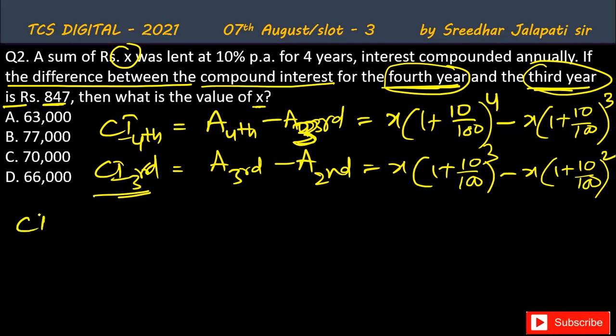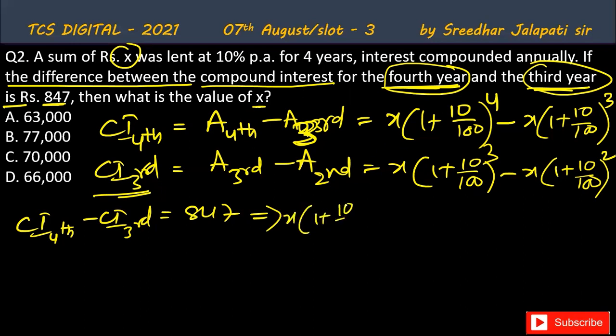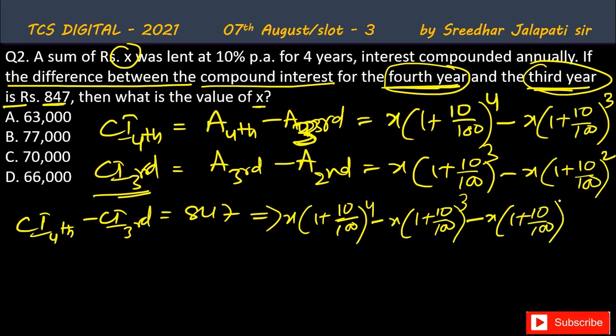Now the difference between these two, that is compound interest for the fourth year minus compound interest for the third year, is given as 847. So I have to subtract these two. If I subtract, that is X into 1 plus 10 by 100 whole power 4 minus X into 1 plus 10 by 100 whole cube, minus X into 1 plus 10 by 100 whole cube.